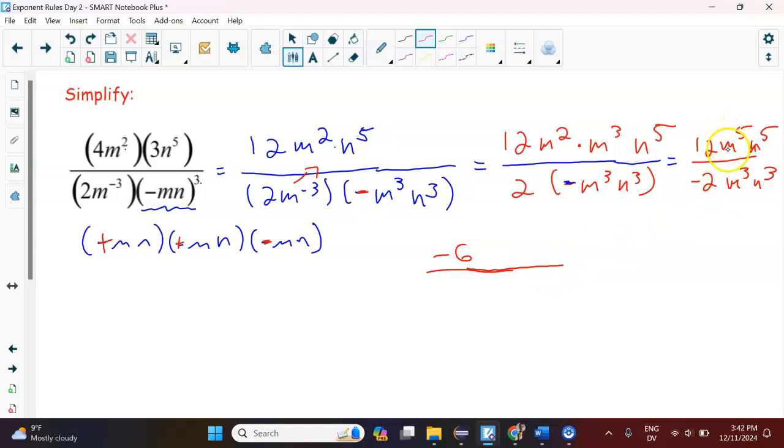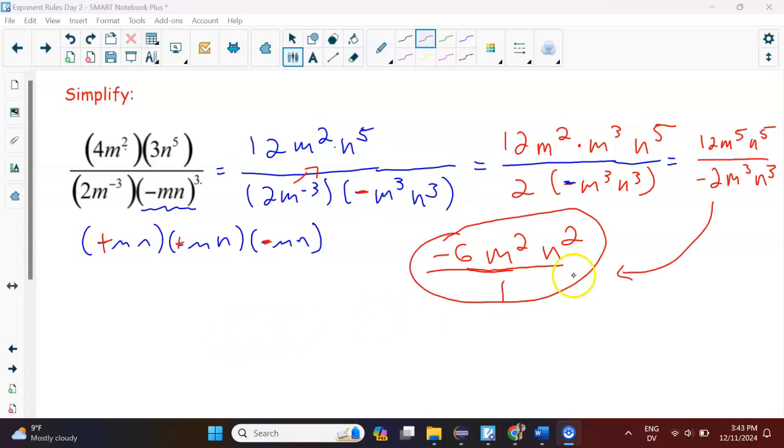And then m to the 5th and m cubed, that becomes an m squared. And then n to the 5th and n cubed, that becomes an n squared also, because you subtract 5 minus 3 and 5 minus 3. Okay, and I think that should finally be it. Okay, so I rewrote it there. It got really bad handwriting, so I rewrote it. Hopefully that makes it a little clearer.